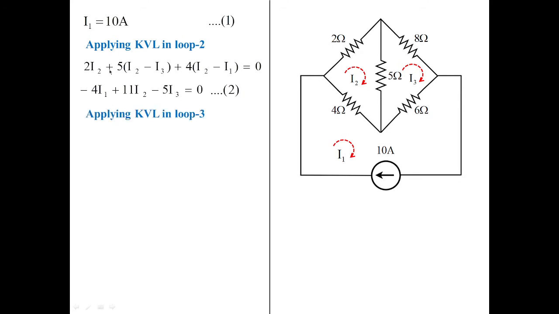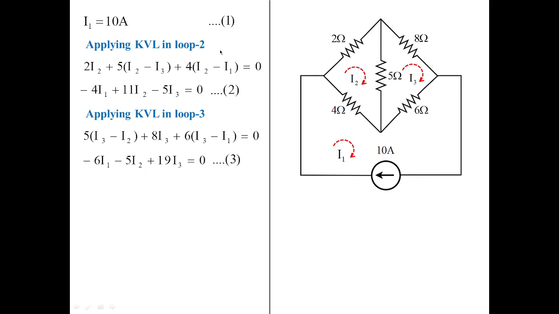On a similar basis, we are applying KVL to loop 3, that is this loop. And I am starting with 5 times I3 minus I2, that is the drop over here, plus 8I3 plus 6 times I3 minus I1 equal to 0. This equation will give you minus 6I1 minus 5I2 plus 19I3 is equal to 0.